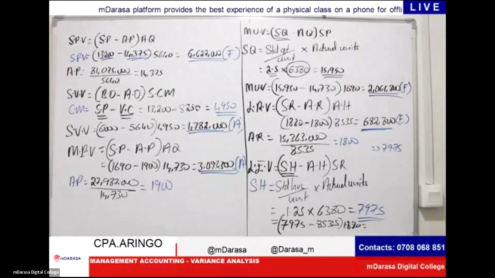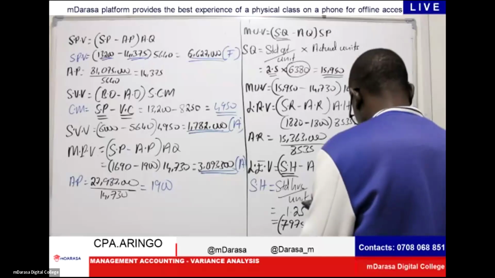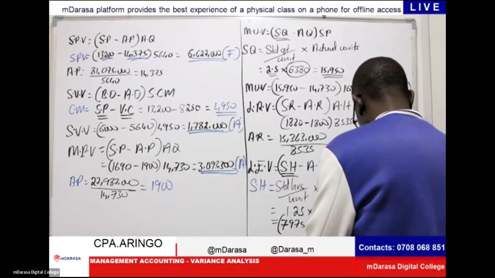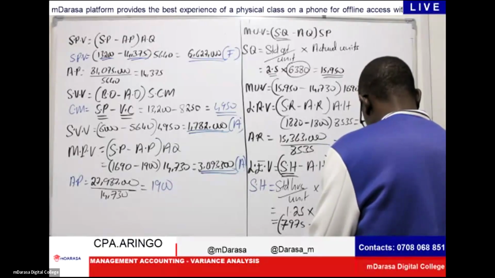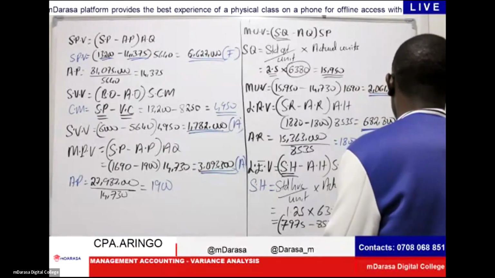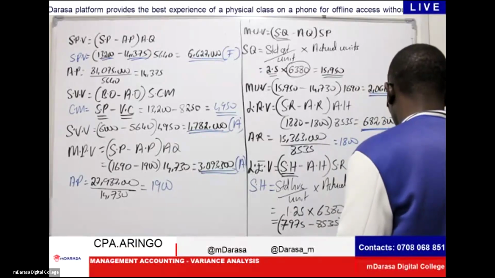So I'll be having an adverse variance of 5.6 by 1880, which will give us 4,466, an adverse variance.